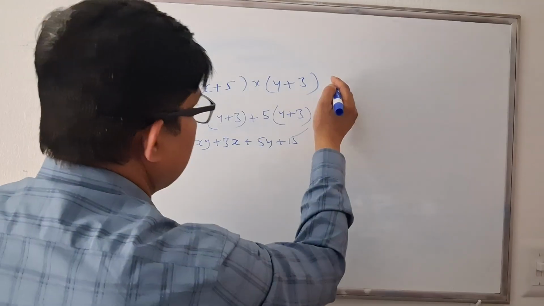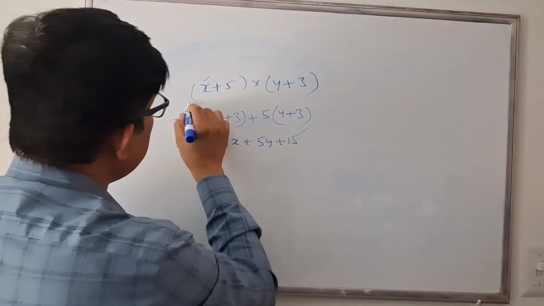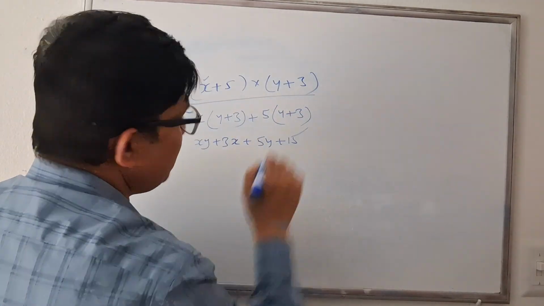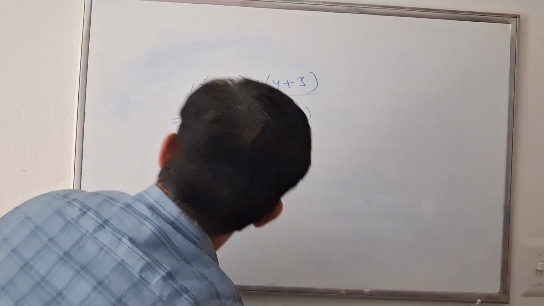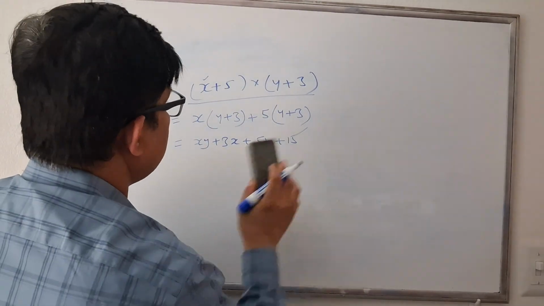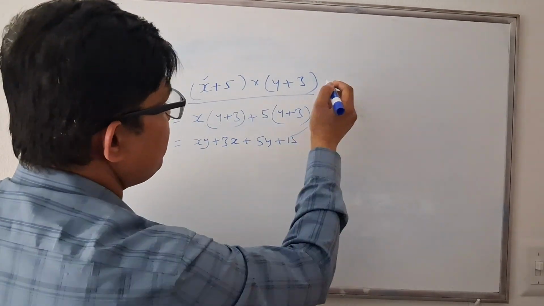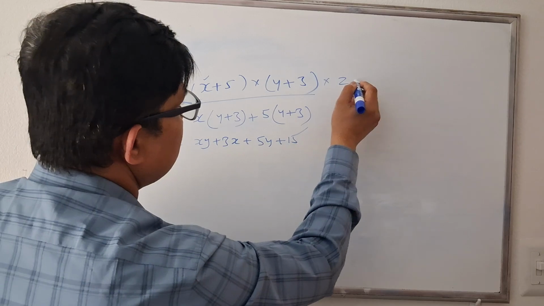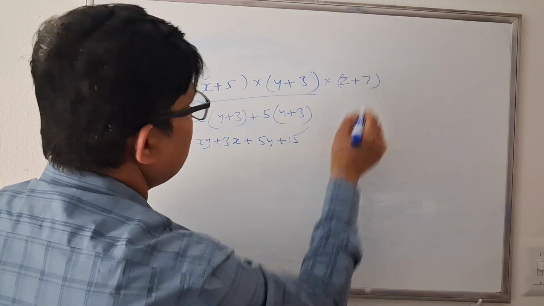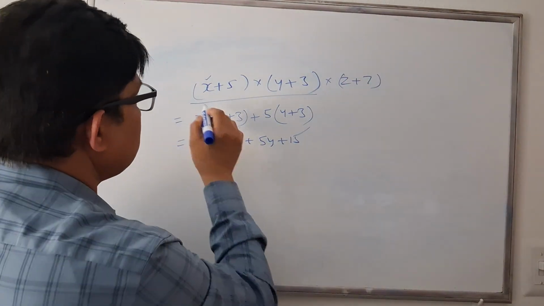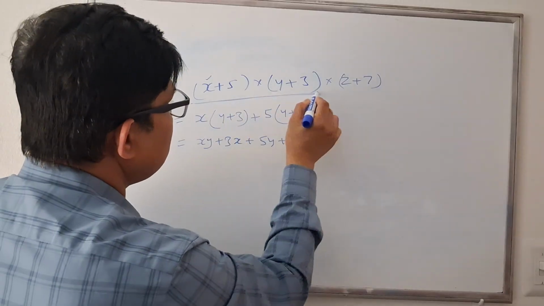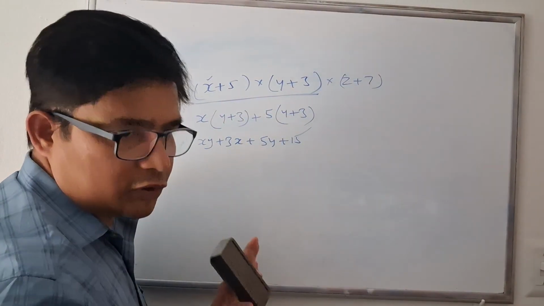Let's say if you have 3, so what you will do, you will multiply first 2 and then you multiply with the third one. So let's say in the same question you have another times z plus 7. Okay, so how you are going to multiply? So you will start with the first two terms or last two terms or any two terms.